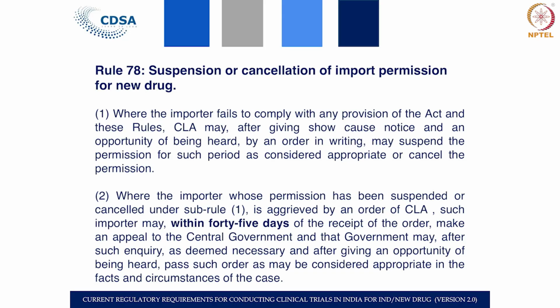and that has to be submitted. So, there is also the rule where you suspend or cancel the import permission when they do not comply with the conditions mentioned, the labeling conditions, the various other conditions. In such a case, before a suspension or a cancellation is done by the licensing authority, a show cause notice is always issued to the applicant and an opportunity is given in writing for giving their justification.